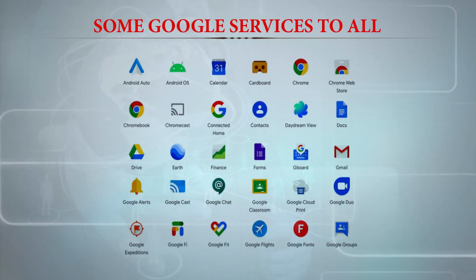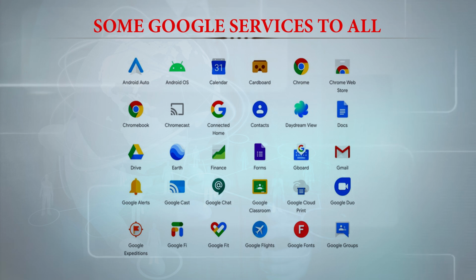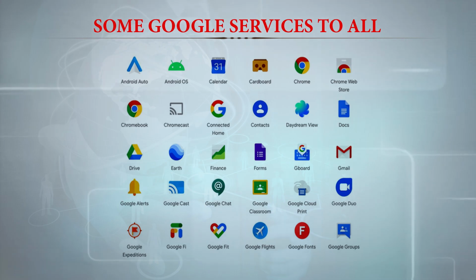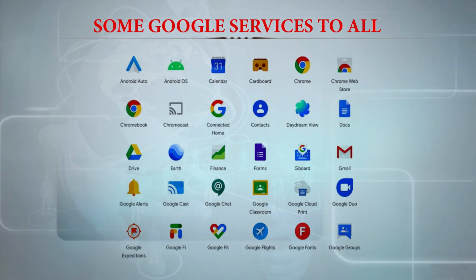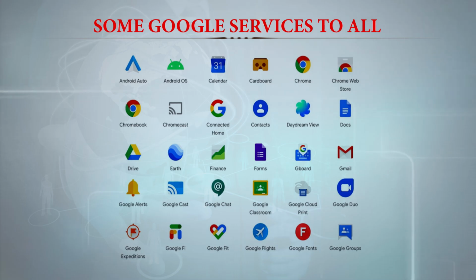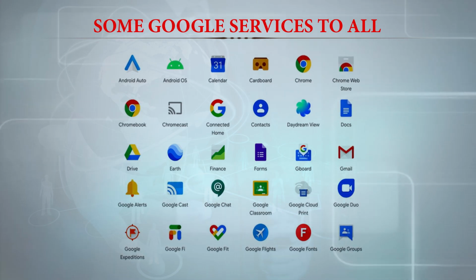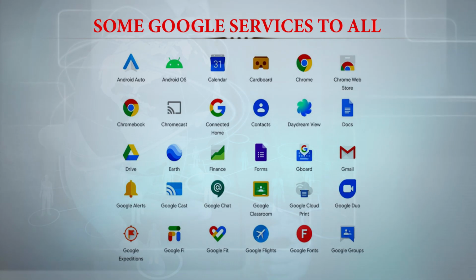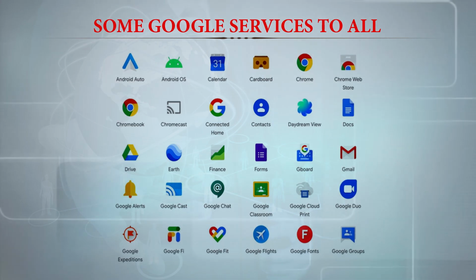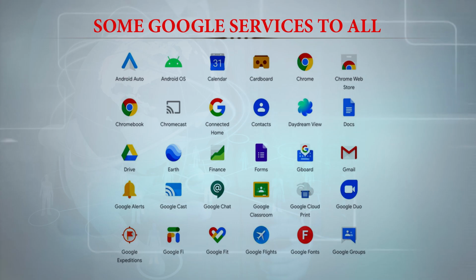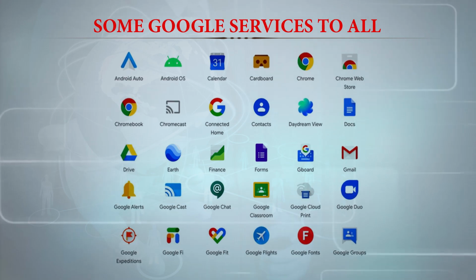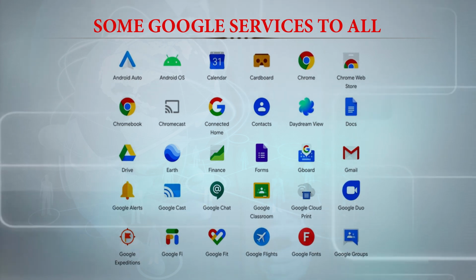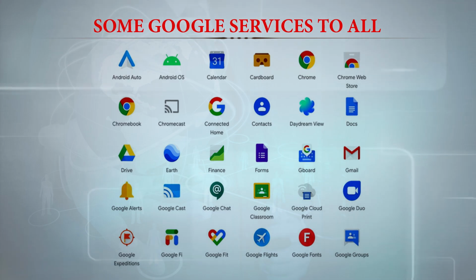Android Auto, Android operating system, Calendar, Cardboard, Google Chrome, then we have the Chromebook, Chromecast, then we have Connected Home, Contacts, then we have Docs, we have Drive, Google Earth, Google Forms, Google Mail, then we have Google Cast, Google Chart, then we have Google Cloud, and there are ample number.